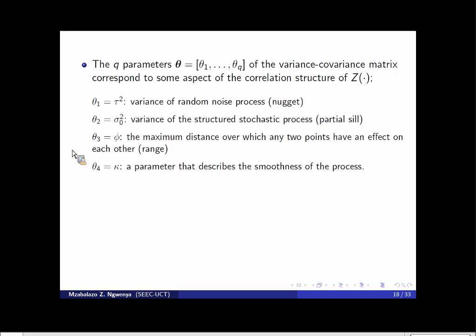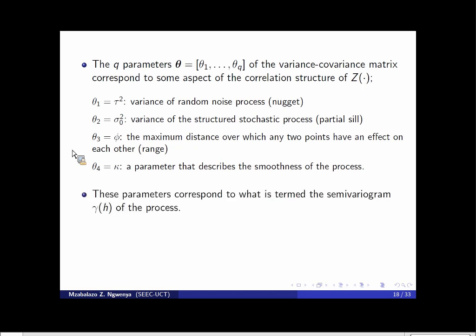So the two points are basically independent of each other, and they do not affect each other so much. So that's our phi parameter. Then you've also got a smoothness parameter, basically telling you how the process changes over the small spatial scale. As you can see now, if we estimate these parameters, we gain quite a lot of insight into our process beyond just predicting at a point.